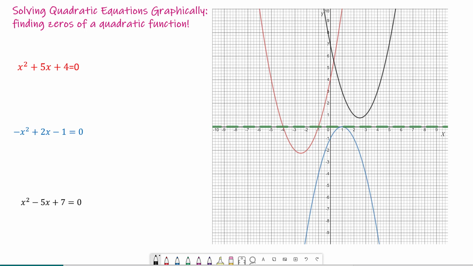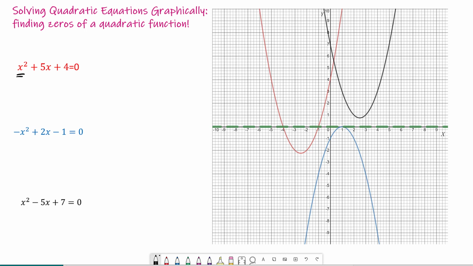Specifically, we can get up to 2 solutions for a quadratic equation that has as its highest power of x squared, like here. So I have 3 examples here, and we'll go through at least 1 or 2 of them in detail. But each example will show a different scenario in terms of the quadratic function.